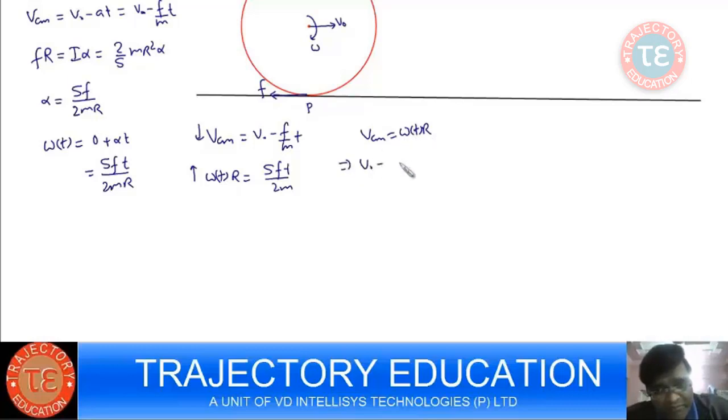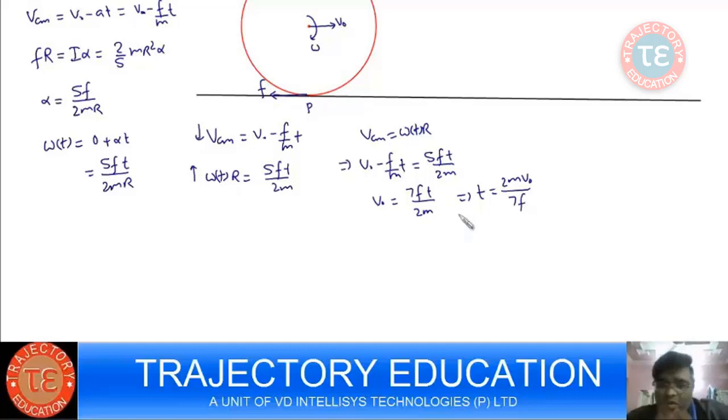Let's see that time. v0 minus ft by m equals 5ft by 2m, or this is 7ft by 2m. So the time at which VCM becomes equal to omega r is 2m v naught by 7f.